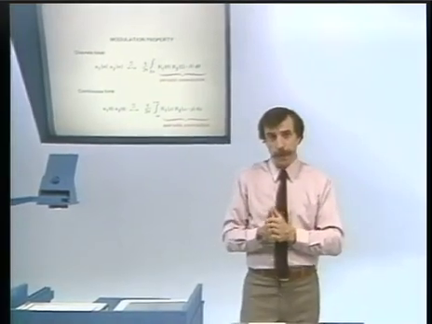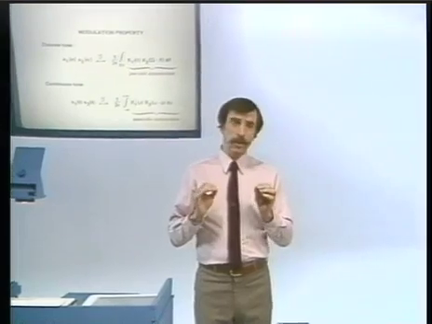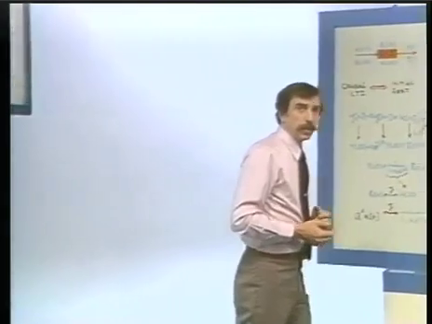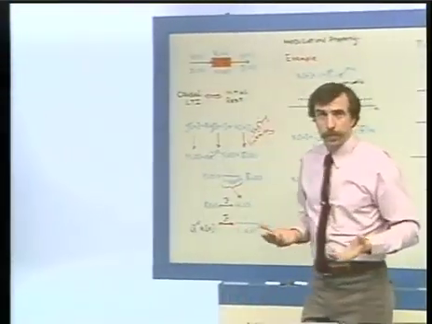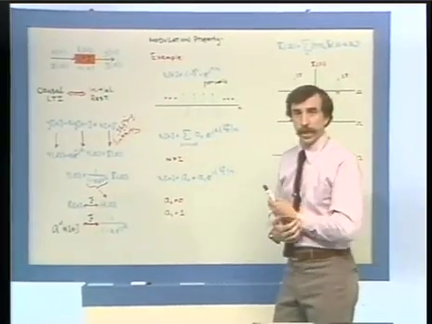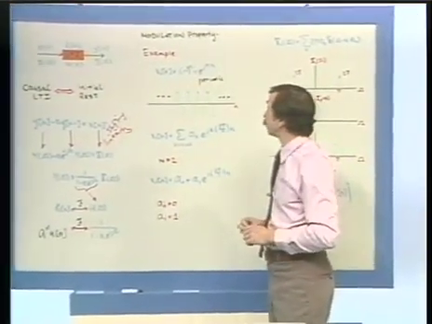Well, let's take a look at an example of the modulation property, which will then lead to one particular application, and a very useful application, of the modulation property in discrete time.